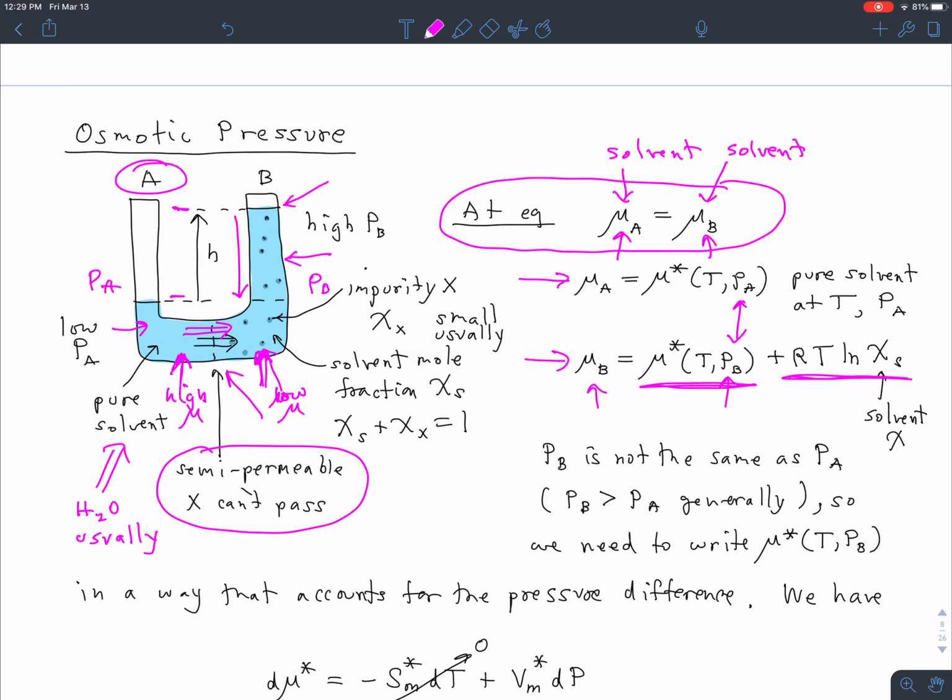In this case, because we're looking at the solvent on side B, and we're going to ignore activity coefficients, the activity will just be the mole fraction of the solvent, not of the impurity, because it's the solvent chemical potential we're looking at here. That's the mole fraction that appears.